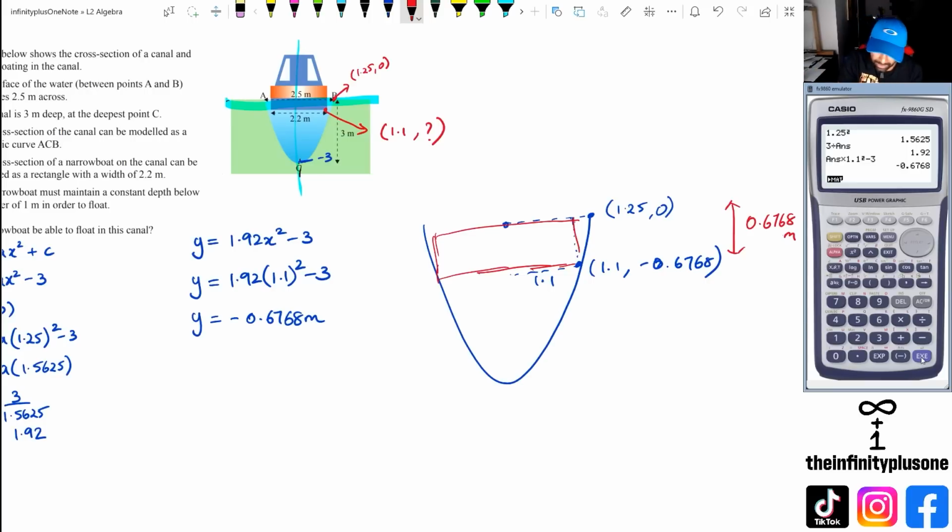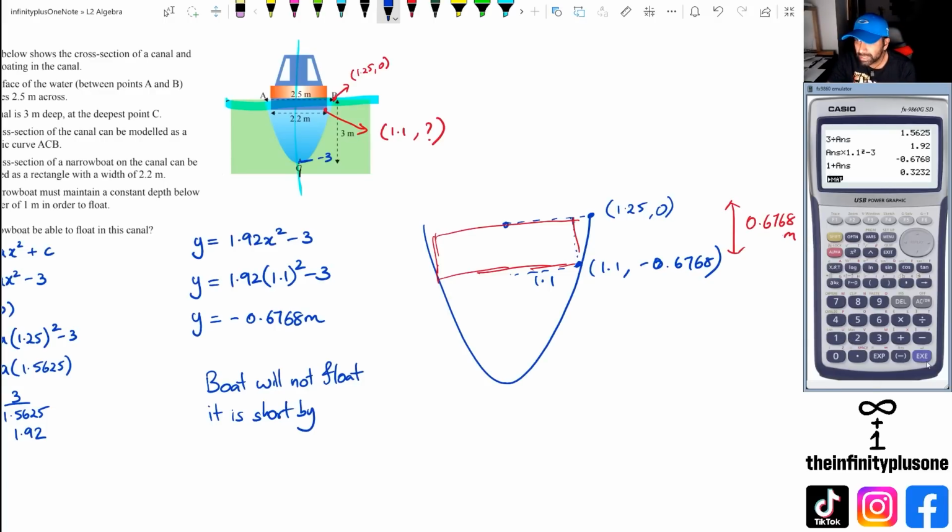So with that in mind, we can say the boat will not float. And you could write a little statement saying that it is short by 1 minus that. So I'm just going to go 1 plus that, to give me that it's actually short by 0.3232 meters.